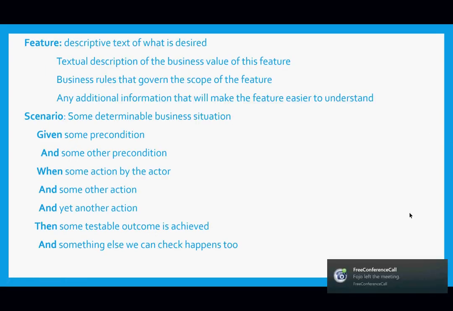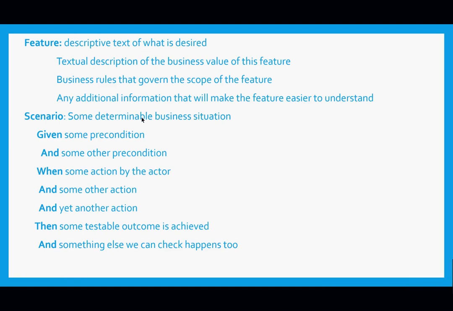The feature is a textual description followed by a scenario, which is a business situation that you are testing. Then given is a precondition that you are testing with, and you can use and to concatenate with your given. You have a when which specifies your actions, followed by the then clause, which is the outcome that you are trying to achieve.